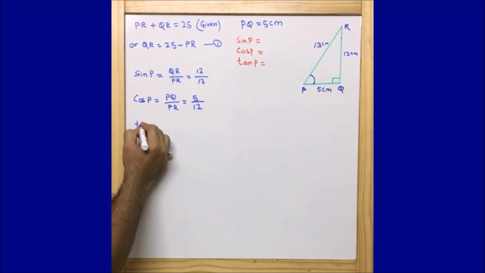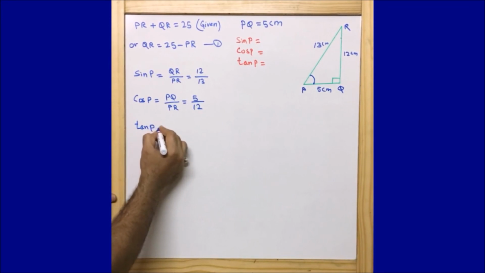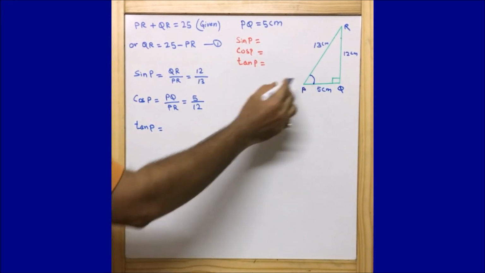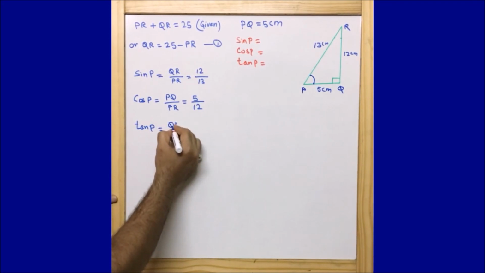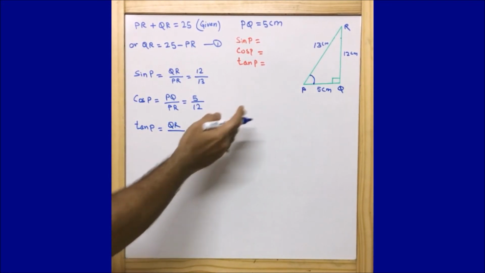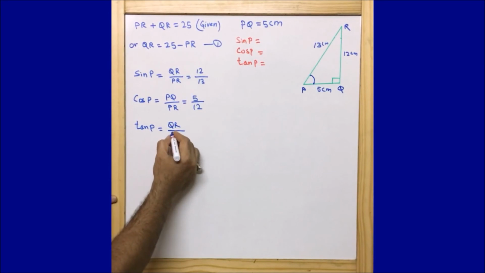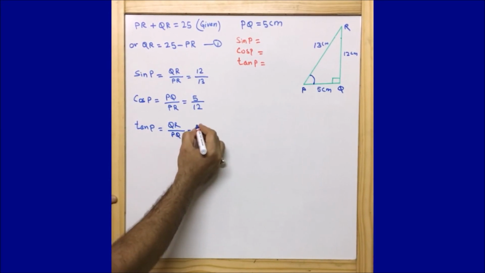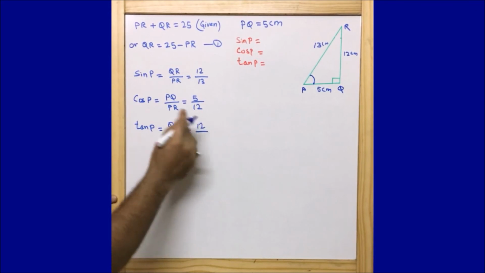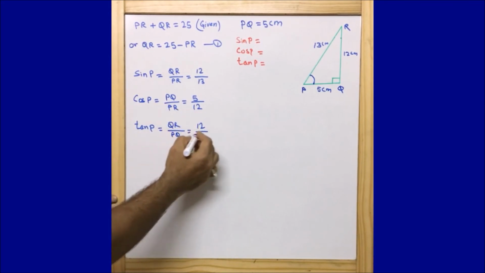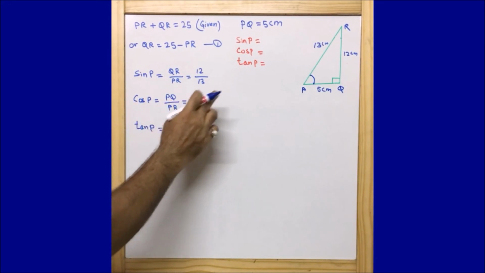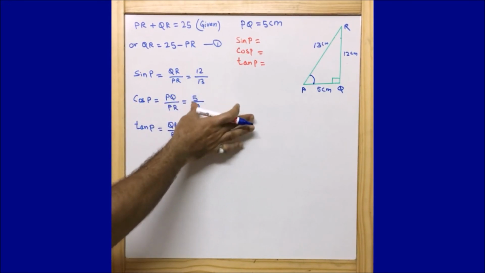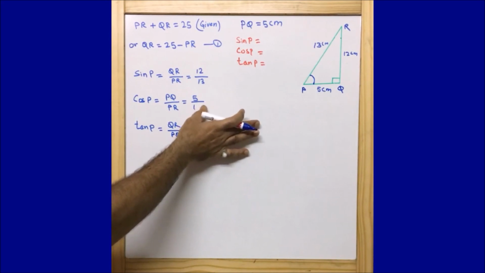Now tan P, what is tan P here? Tan P is equal to side opposite to angle P, that is QR, upon adjacent side to angle P, that is PQ. So that is equal to 12 upon 5. Here cos P is equal to PQ by PR, so PQ is 5 and PR is 13, not 12, sorry.